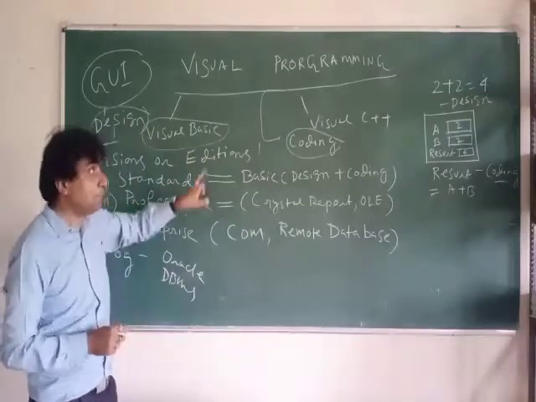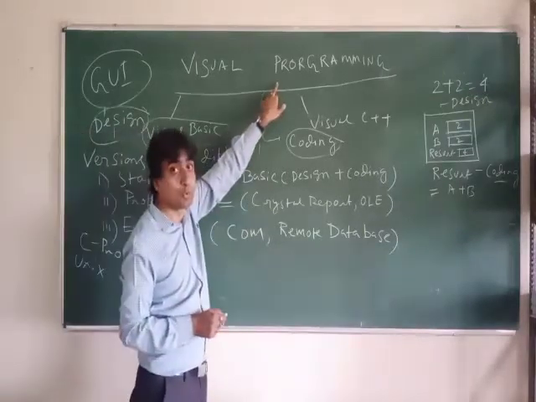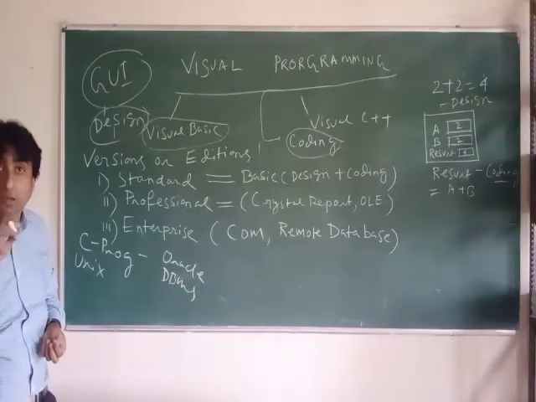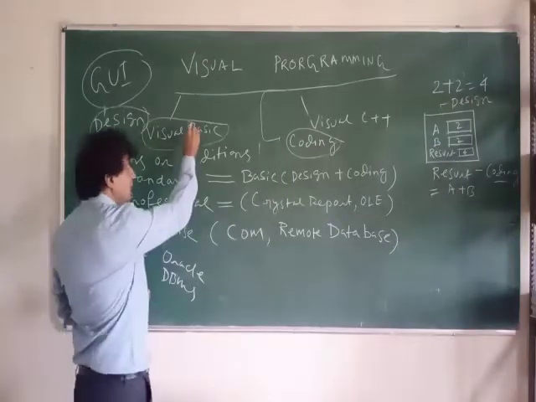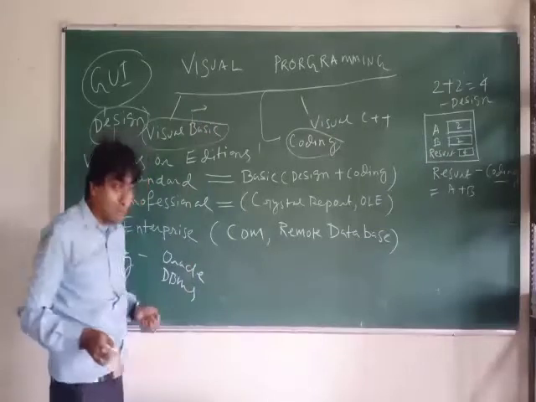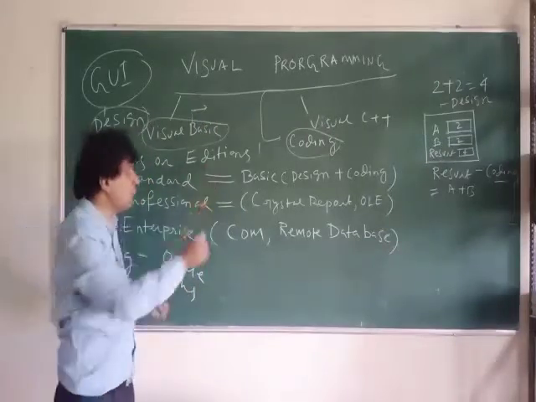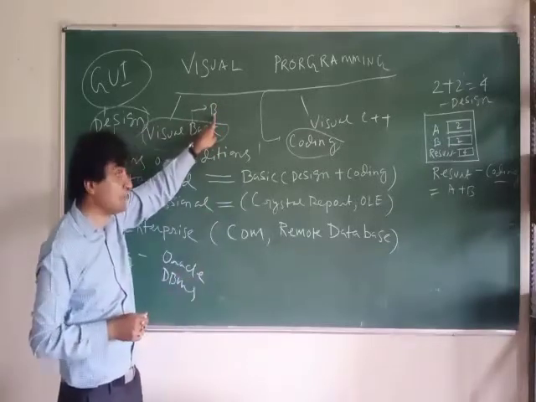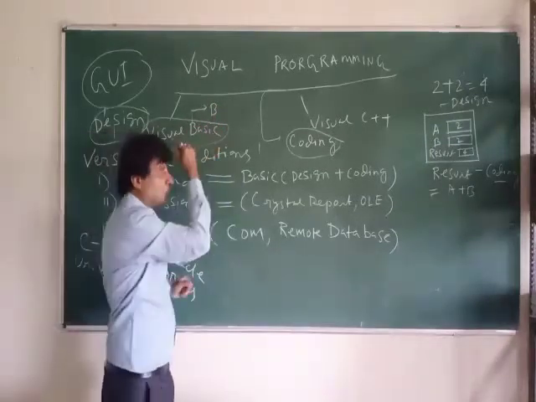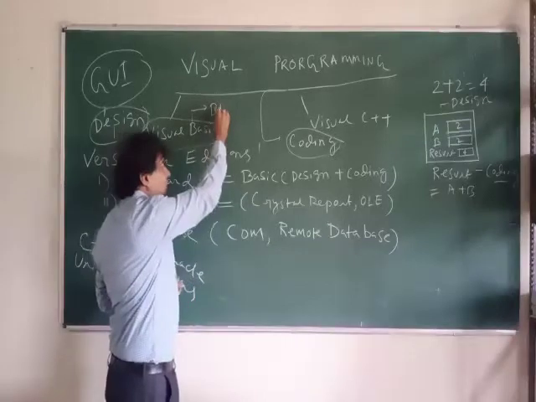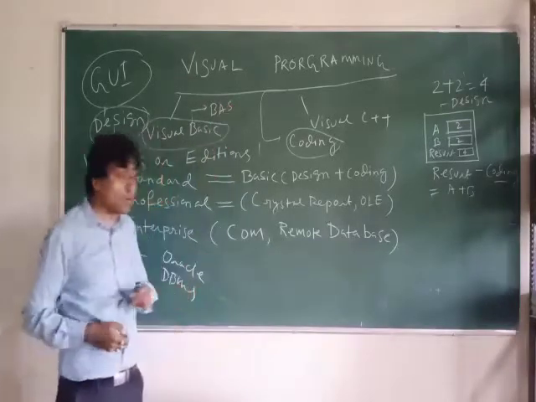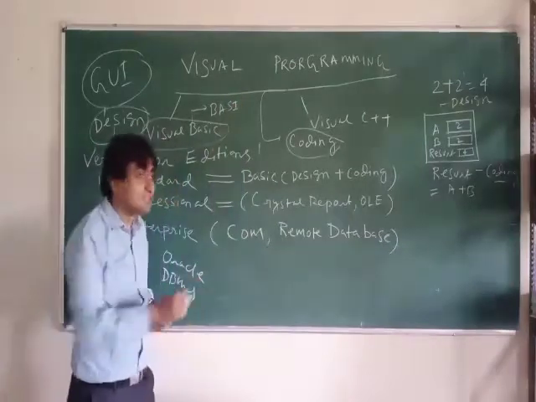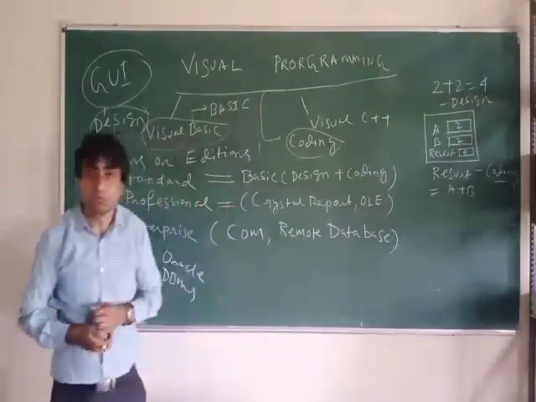Basic refers to programming or coding. Now see, the full form of BASIC is important here. B stands for Beginners, A stands for All, S stands for Symbolic, I stands for Instruction, C stands for Code.